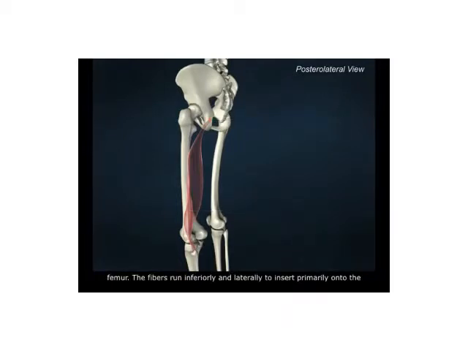The fibers run inferiorly and laterally to insert primarily onto the lateral surface of the fibular head, but it also inserts on the adjacent surface of the lateral condyle of the tibia.